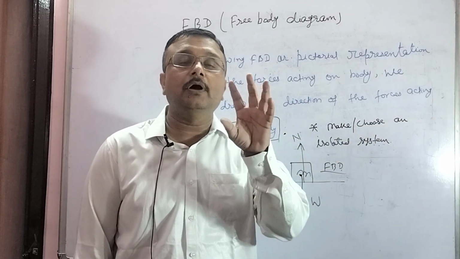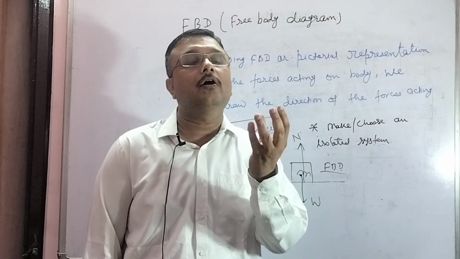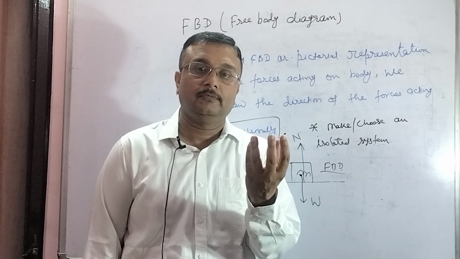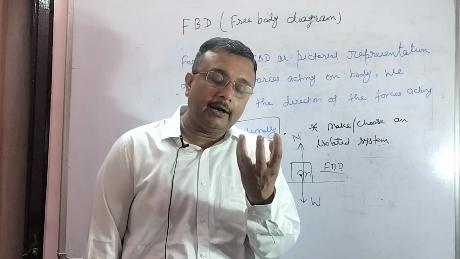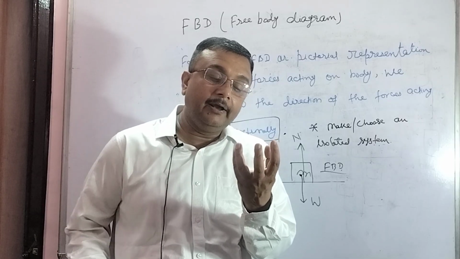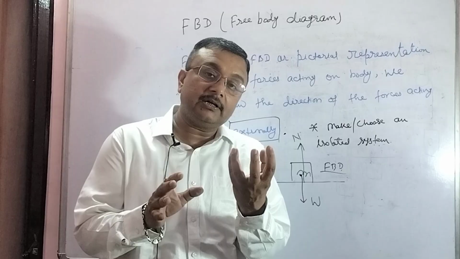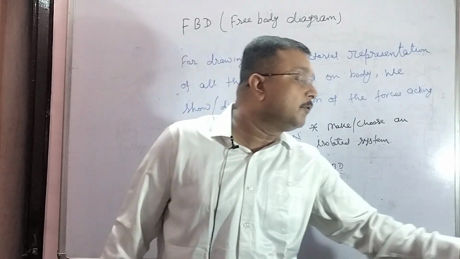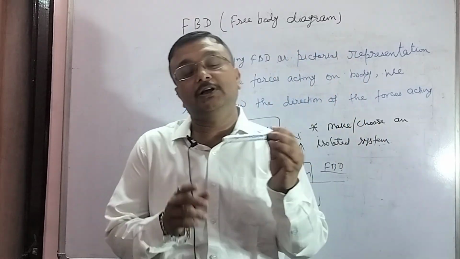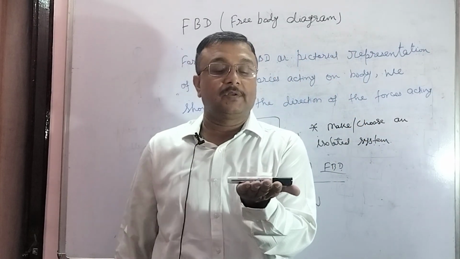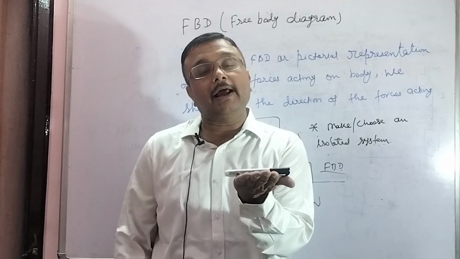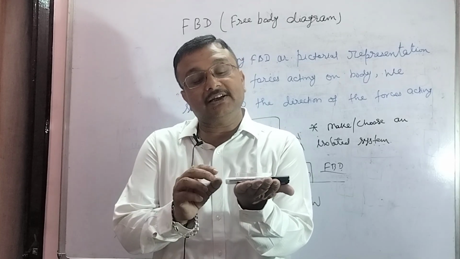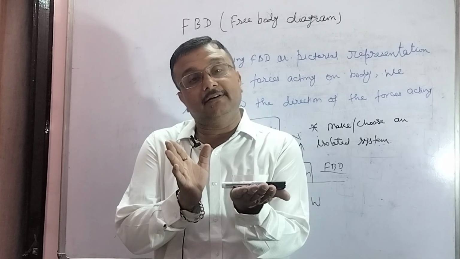So just you have to think, we have to learn on which body we have to consider the forces. Take that body and think how many forces are being applied on this body that we have chosen. Suppose, for example, we have taken this pen. This pen is lying on my hand, and we are trying to discuss how many forces are acting on this pen. So just think this pen is isolated.